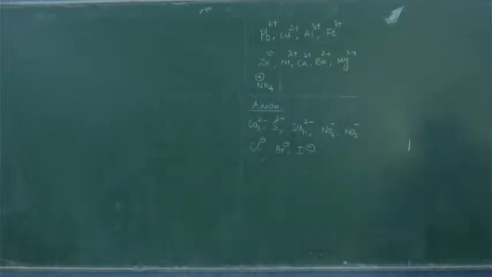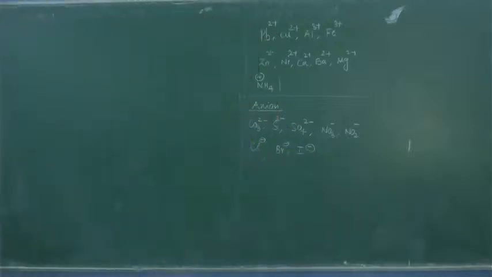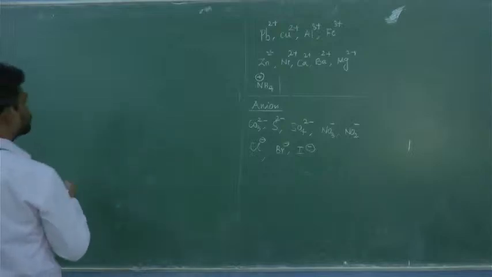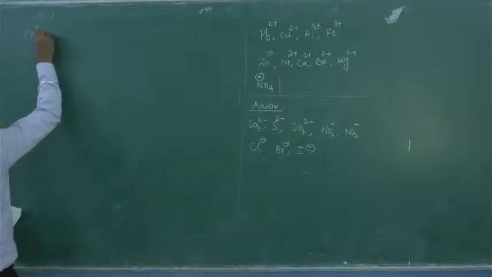You copy this one. Next, let me give you a table. First we will discuss the cationic part and then we will go for the anionic part. Is it clear? First, we are going to discuss cationic analysis.